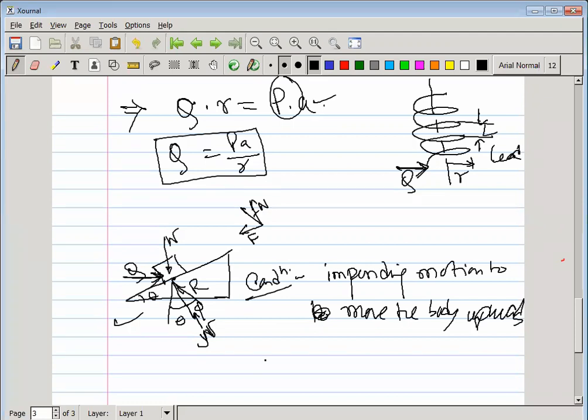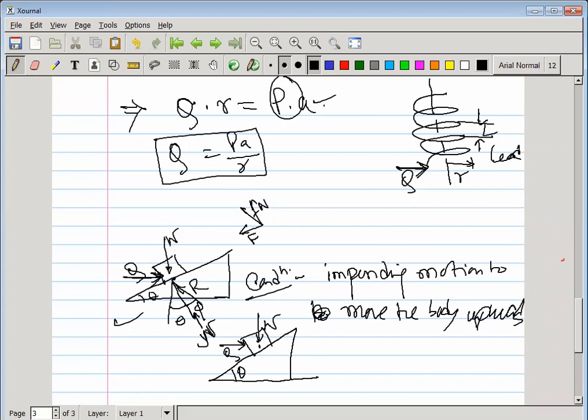All the things are the same, only one matters, that is the theta should be high. Suppose in case this is your theta and this is your block, this is the Q, this is W, this is actually the equivalent figure of this square threaded screw.